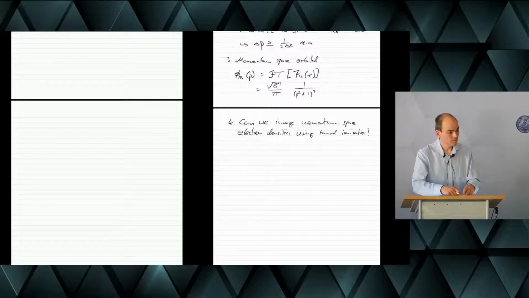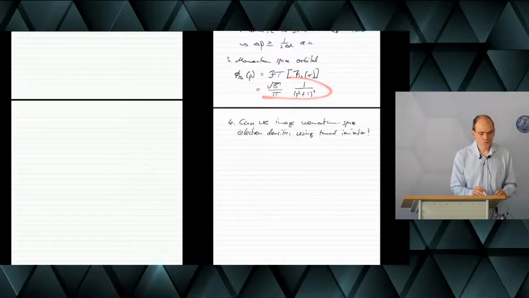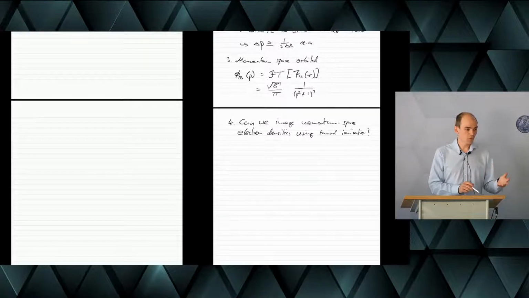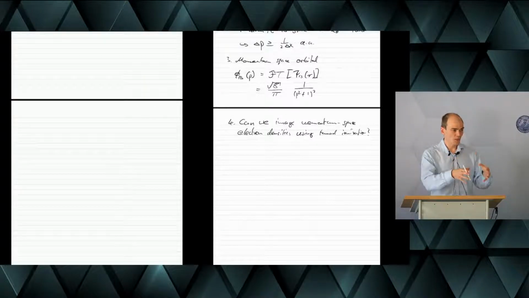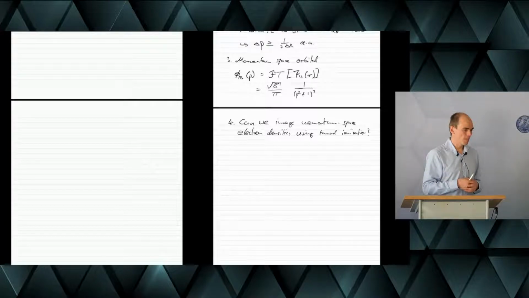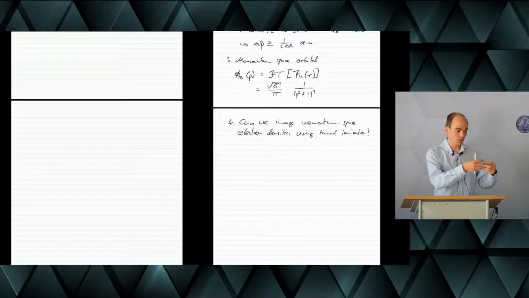So what is the wave function in the p space, in the momentum space? Yes, this is the wave function in the momentum space. Just like the wave function describes the localization probability, the probability to find a particle in a certain space, here the wave function squared is related to the probability for a particle to have a certain momentum.